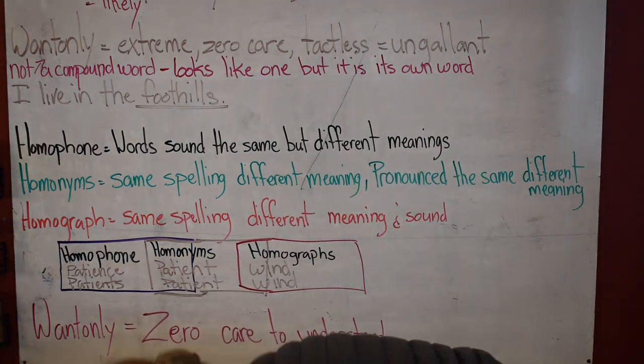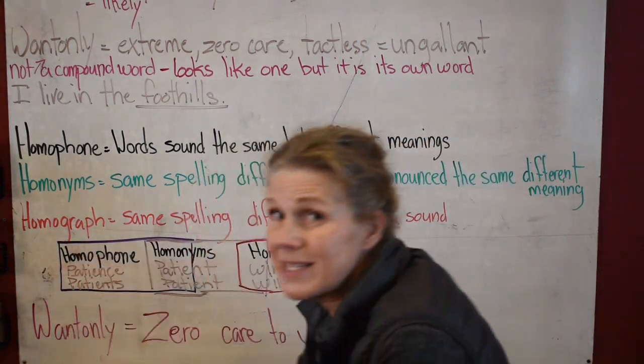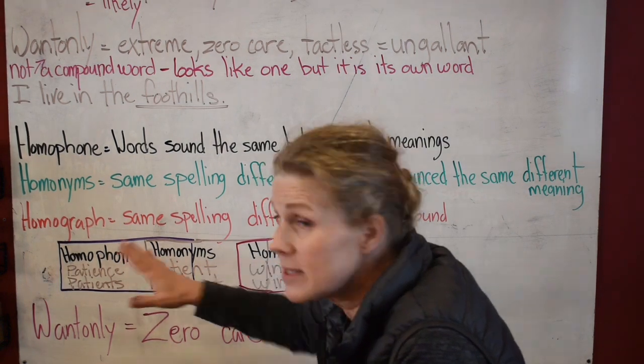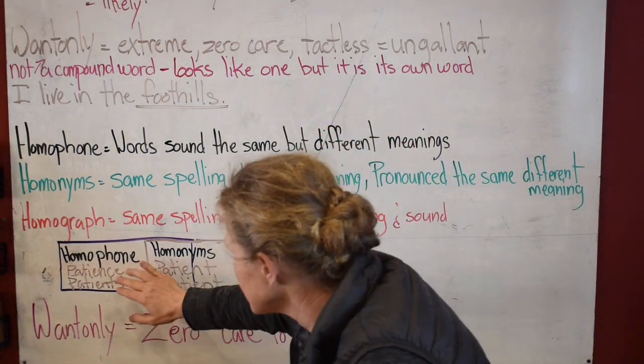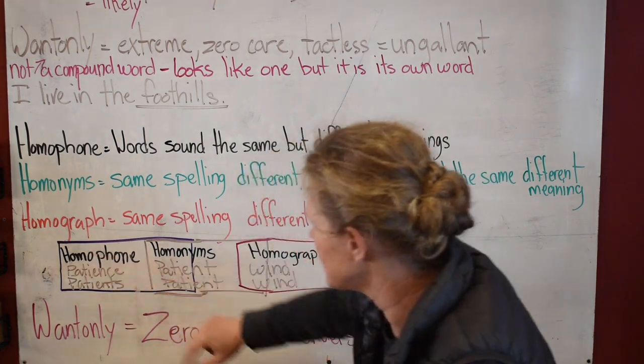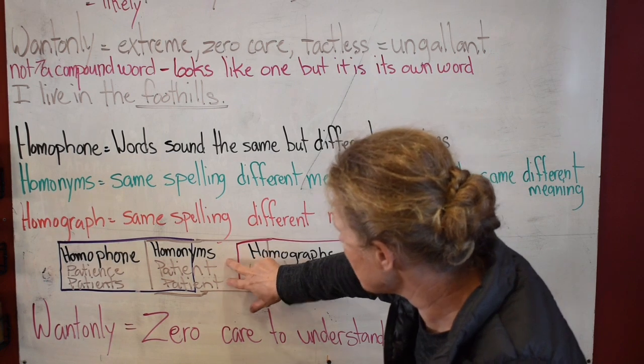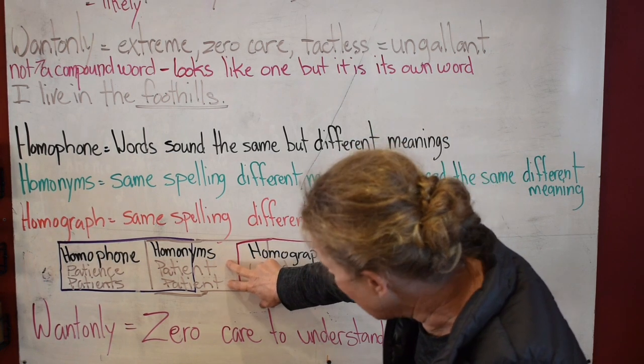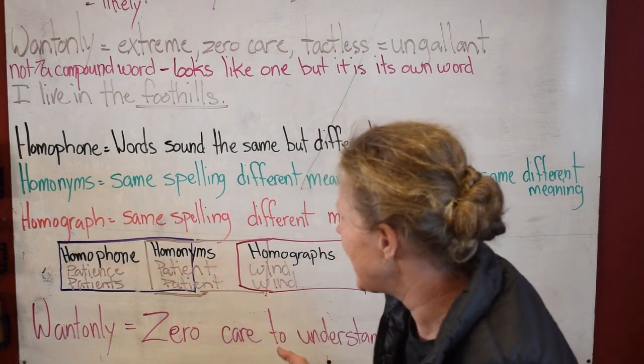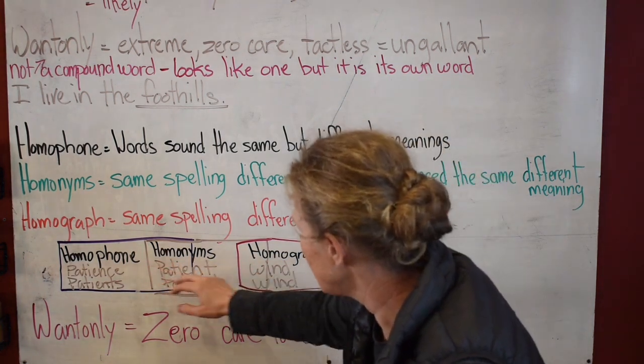Now a homophone, listen: homo means the same, and phone means sound. So they sound the same, they look different, sound the same. Different meanings. Homonyms look the same, sound the same. So nyms mean names. Same names.